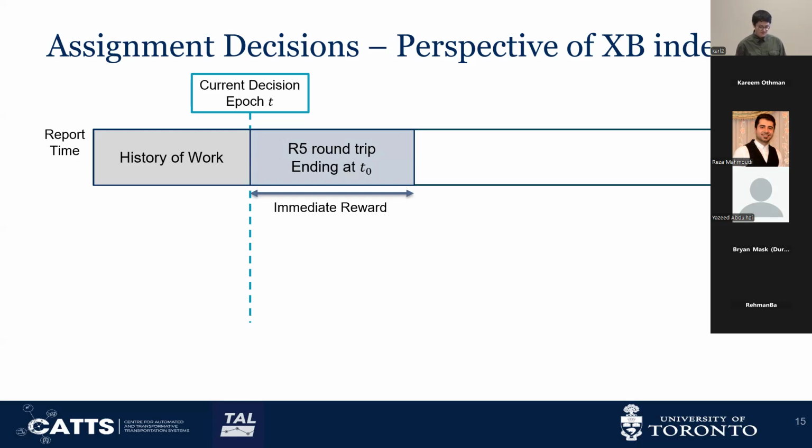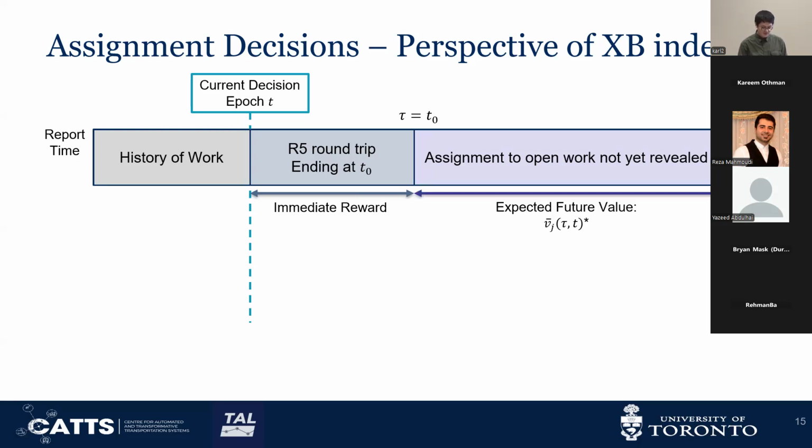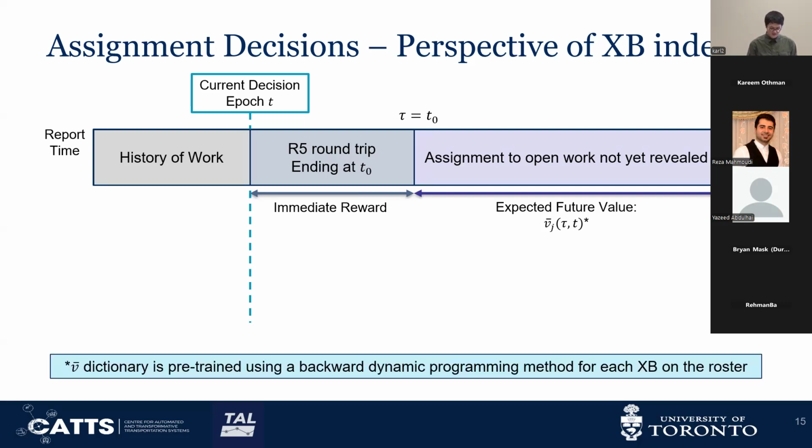So this is kind of a social benefit. And then after that, they're expected to finish their work at the end. Let's call that T0. So from T0 to their shift end, in this remaining duration, they have future value in the form of assigning themselves to open work pieces that haven't been revealed yet. And we denote this by this V bar value for expected future value.